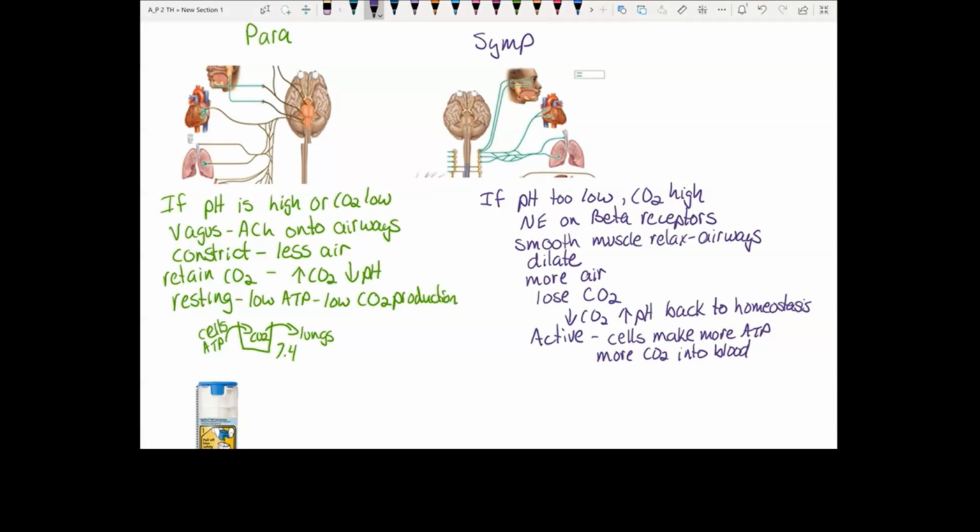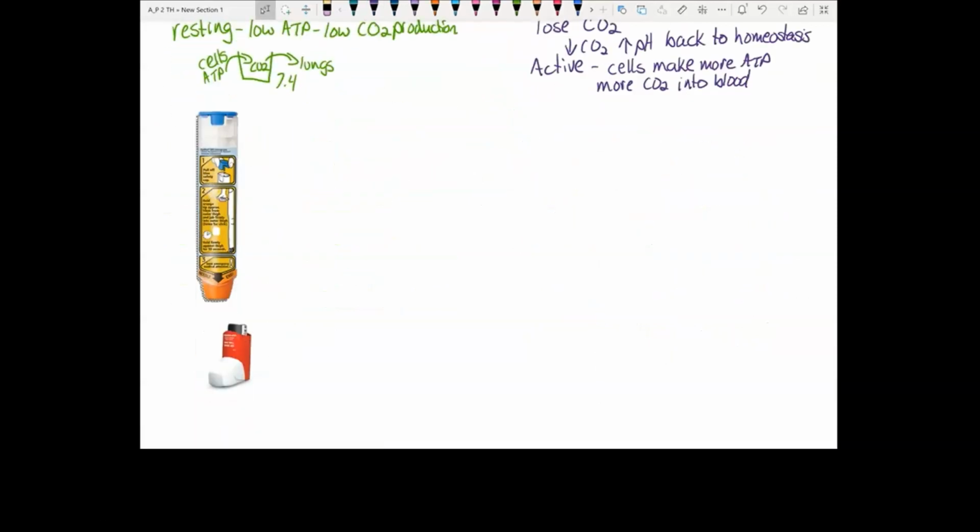Okay, then just like when we talked about the heart and blood pressure, there are drugs that manipulate your receptors. We have that here with your respiratory system. So the first one here is an EpiPen. So if you think about this, think about epi. The epi in EpiPen stands for epinephrine.